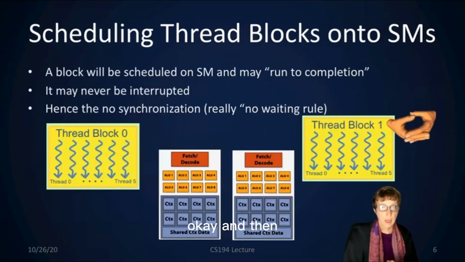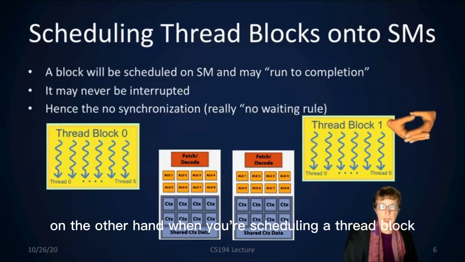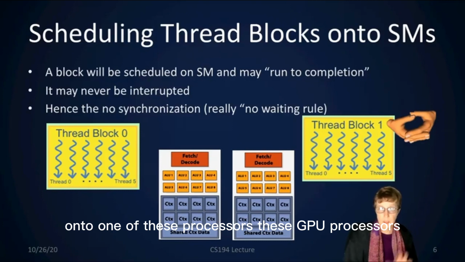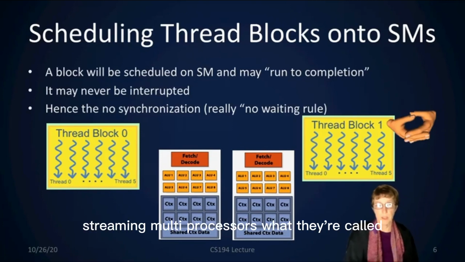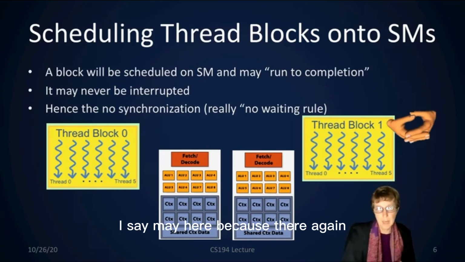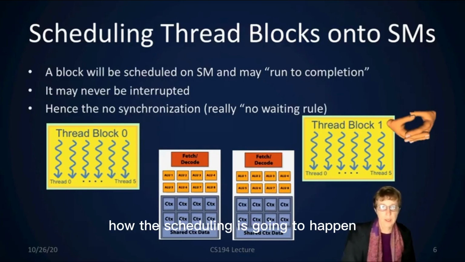Okay, and then on the other hand, when you're scheduling, a thread block is going to get scheduled onto an SM, onto one of these GPU processors, streaming multiprocessors is what they're called, and they can run to completion. I say may here because NVIDIA doesn't tell you exactly how the scheduling is going to happen.